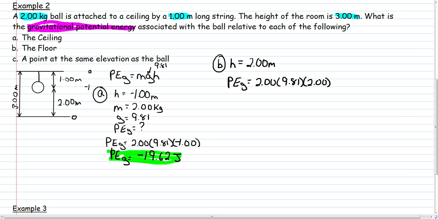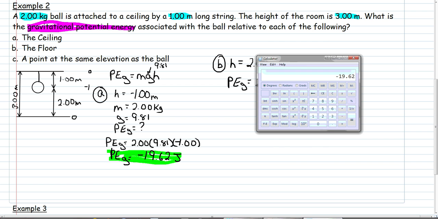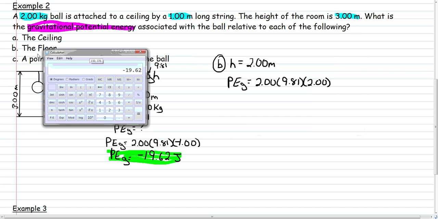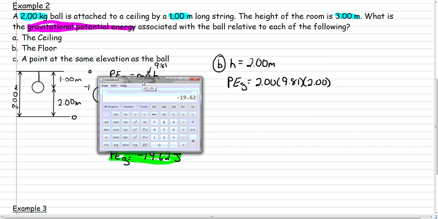Let's bring up the calculator again and type it in. I get 2.00 times 9.81 times 2.00, and I get 39.24.